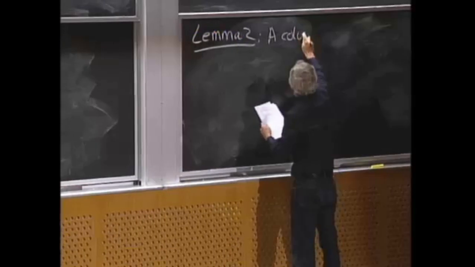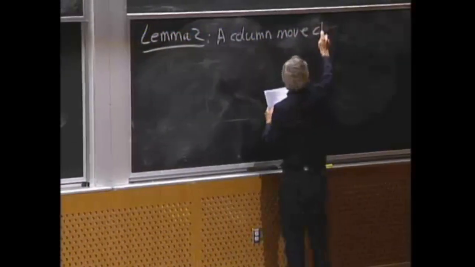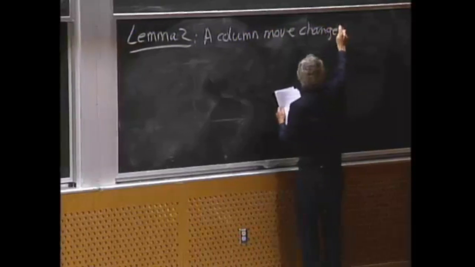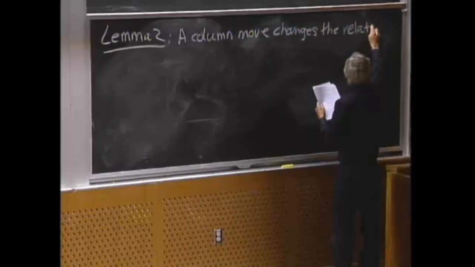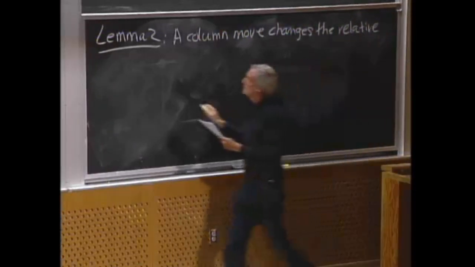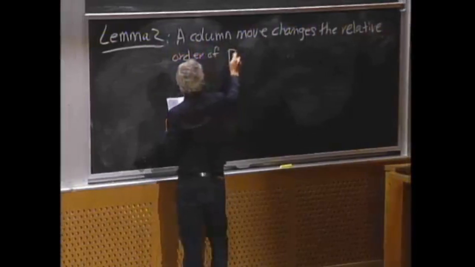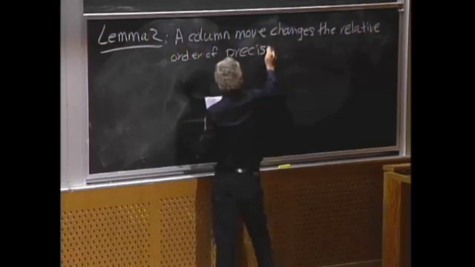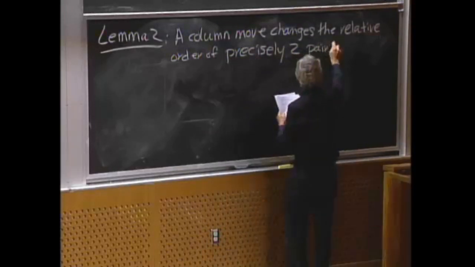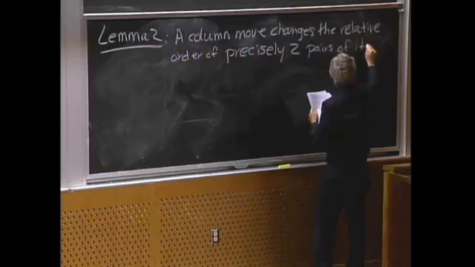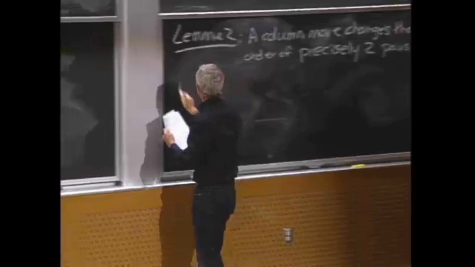A column move changes the relative order of precisely two pairs of items. So let's prove that.